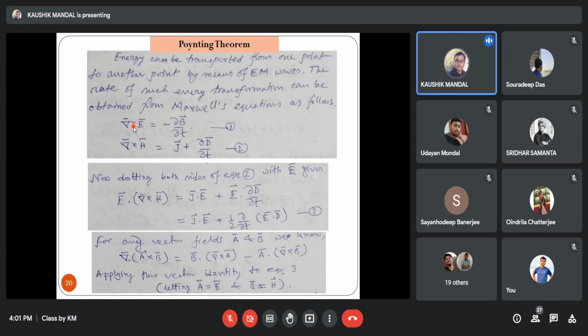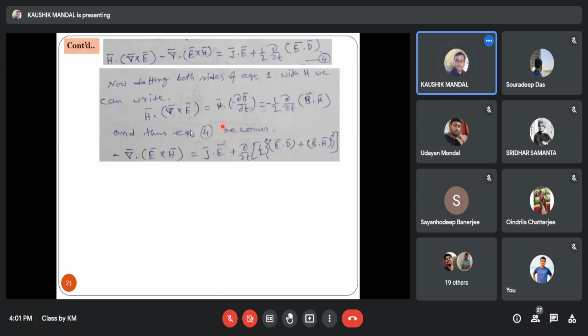So if we take H dot on both sides of equation 1, that means dotting both sides of equation 1 with H, we can write H dot curl E equals H dot of minus del B del t. Taking the minus outside the bracket, it is minus of H dot del B del t, which equals half of del del t of B dot H.